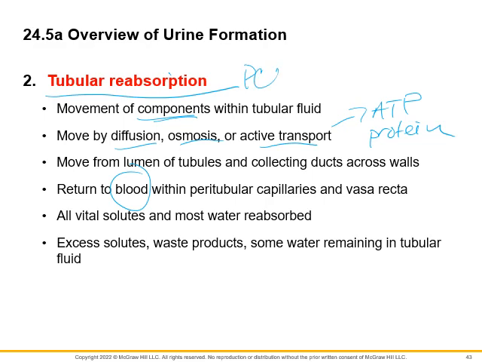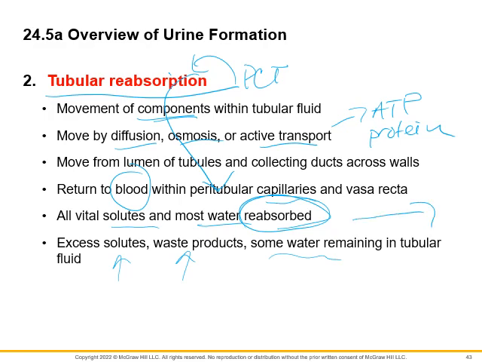So if it's traveling in the PCT and we reabsorb it, we're reabsorbing it into the peritubular capillaries or the vasa recta. So the solutes and most of your water get reabsorbed. Any excess solutes, any waste product, any remaining water will make its way down the tube system. So after the PCT, our next section of tube is that nephron loop.